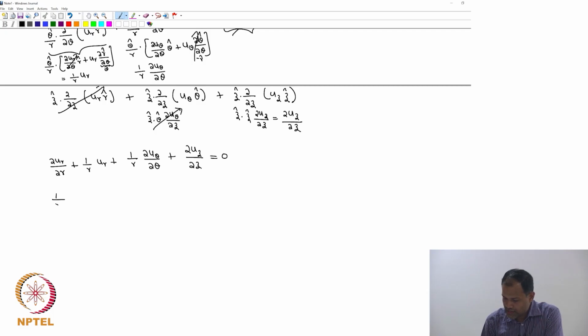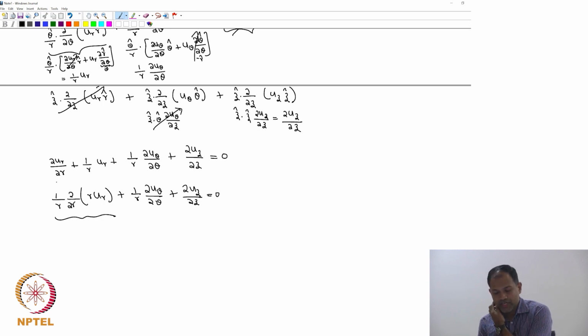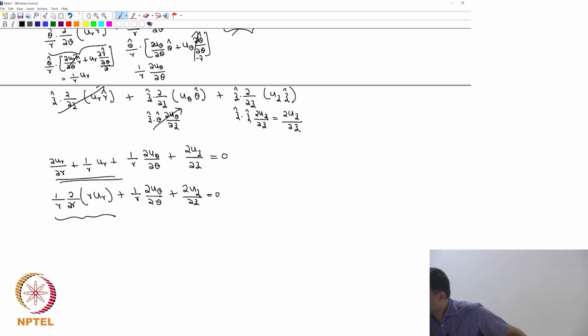Often it's written as 1 by r del by del r of r u r plus 1 by r dou u theta by dou theta plus dou u z by dou z equal to 0, because if you differentiate this you are going to get these two terms. So that's where that extra r factor and r dependence comes from.